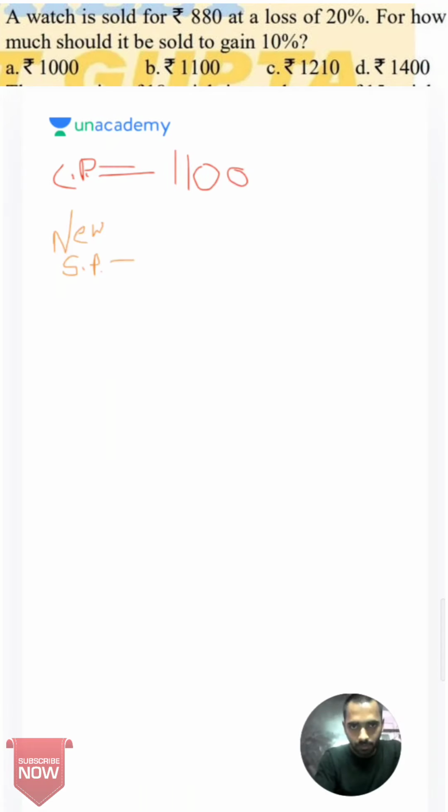is equal to cost price plus 10% of gain, meaning 10% of cost price.